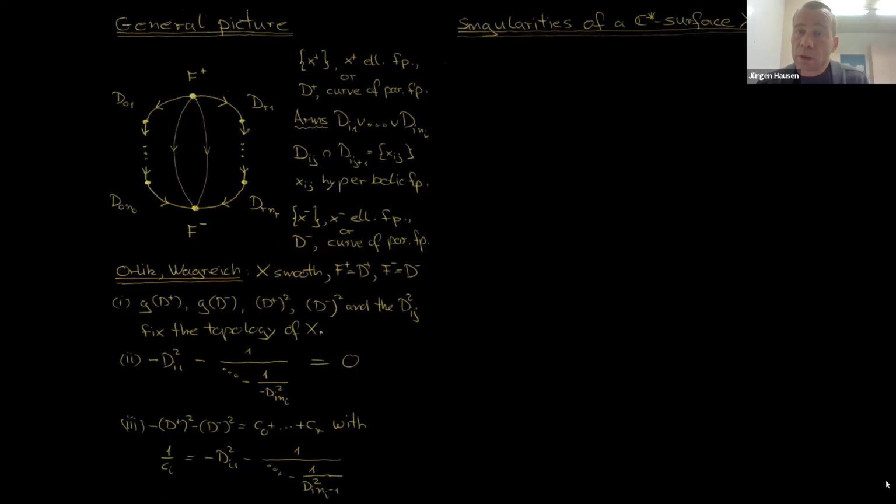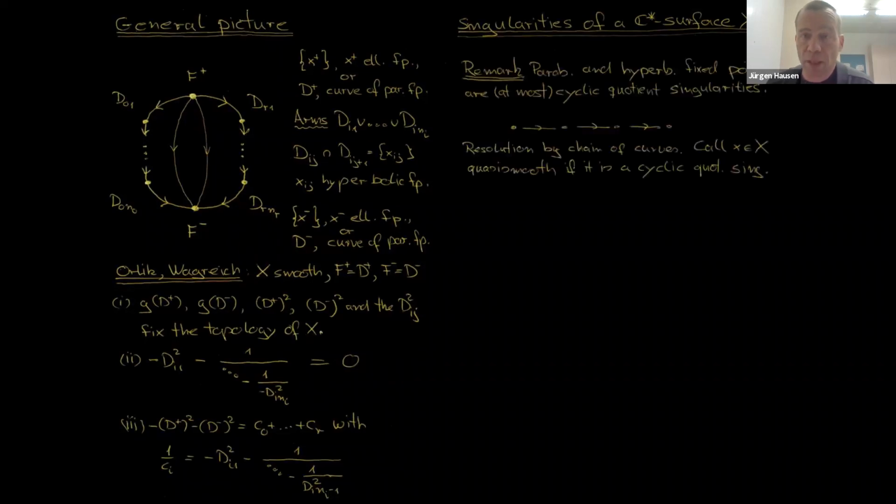They also took care of the singularities of a C-star surface. Recall that we have only normal surfaces. That means all singularities are isolated and then they are necessarily fixed points. The parabolic and hyperbolic fixed points are at most cyclic quotient singularities.